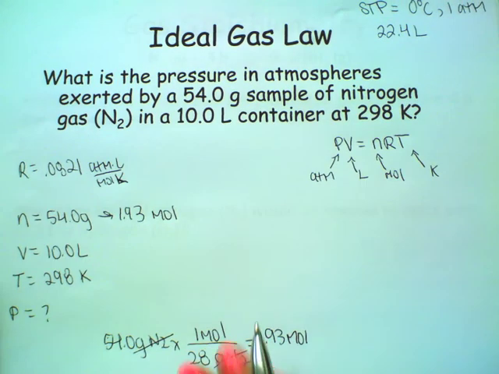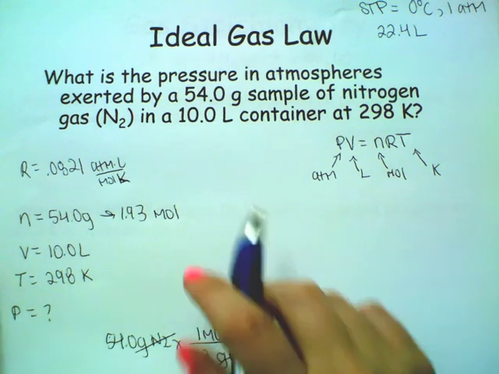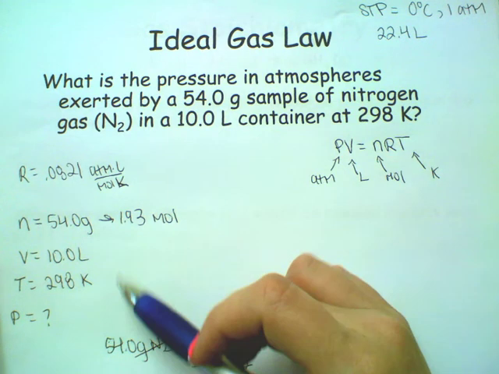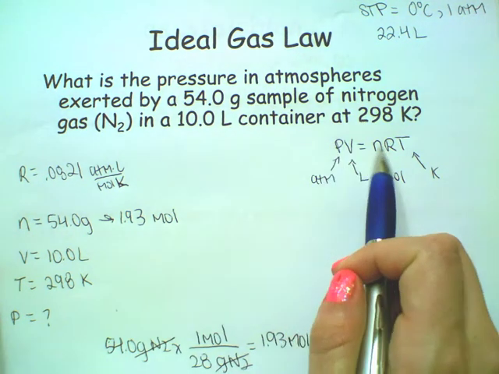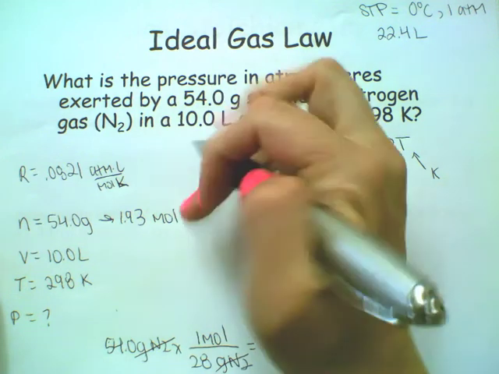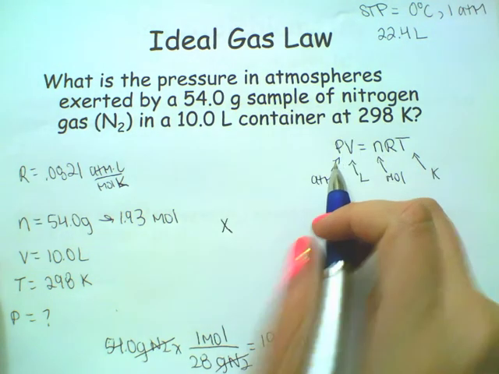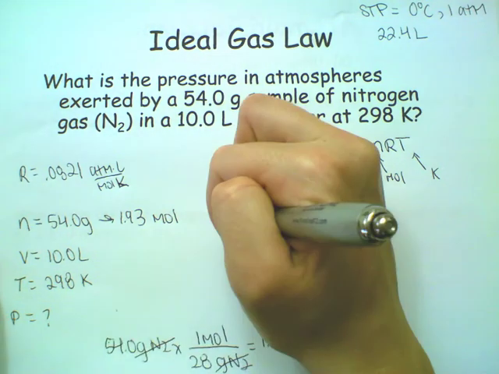So this would be a very intimidating problem if you didn't outline the information. It might be difficult to figure out where to start, where you're going to plug things in. But because we've already outlined it, now I'm just going to plug in all the information that I know. I don't know the pressure, so I'm just going to call that X. My volume was 10 liters.